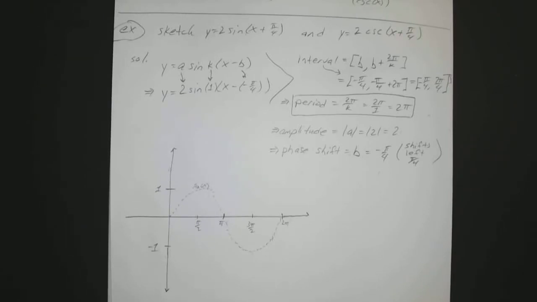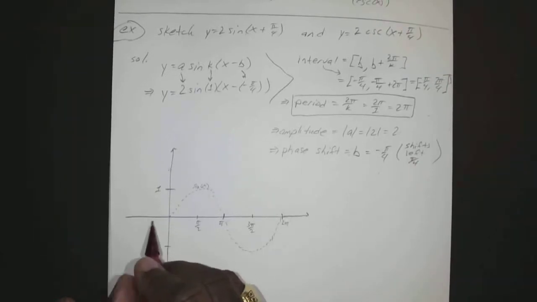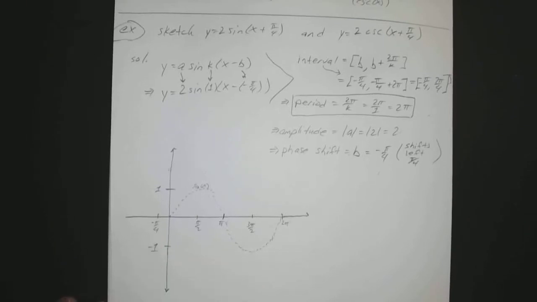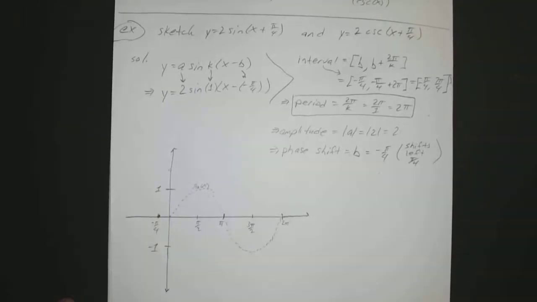Okay. So now we know this is going to shift to the left pi over 4 units. So let's say this is our negative pi over 4. That means this point is going to shift here, pi over 4 units.